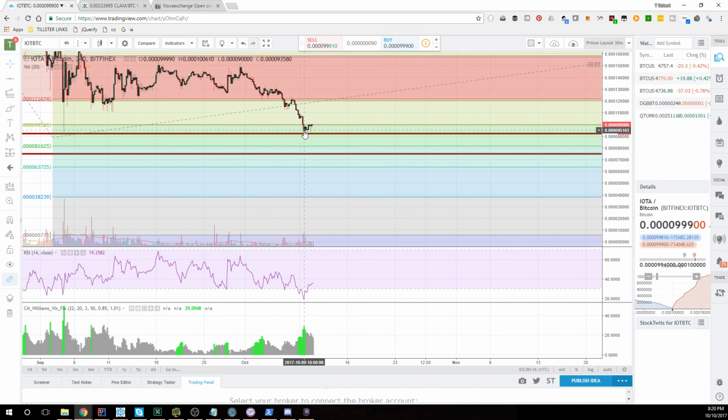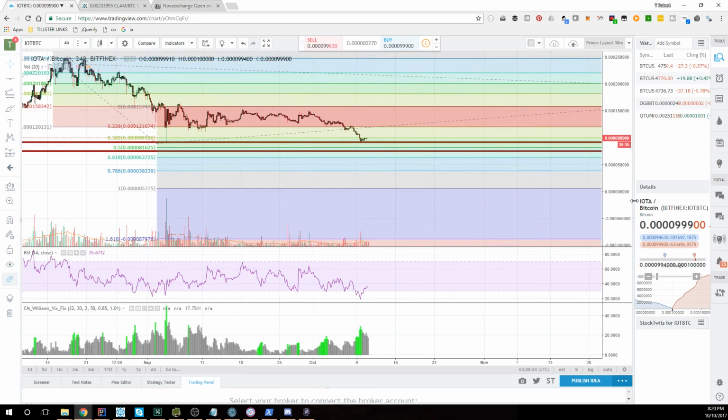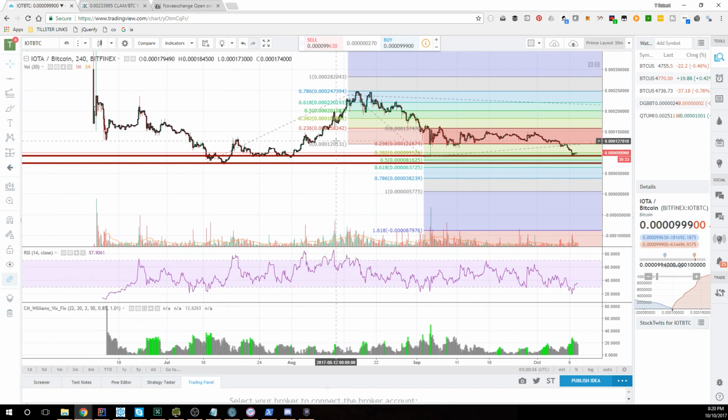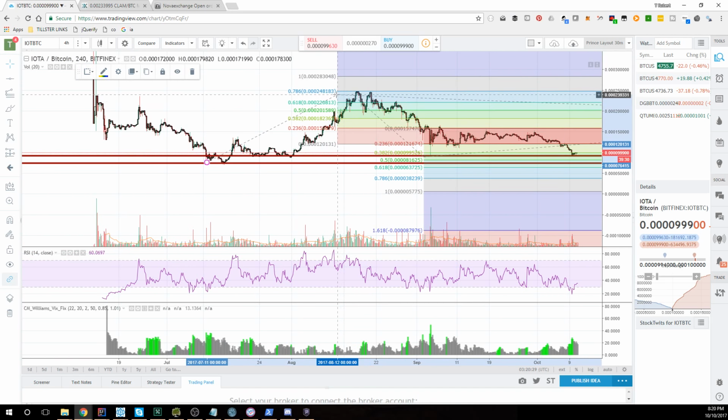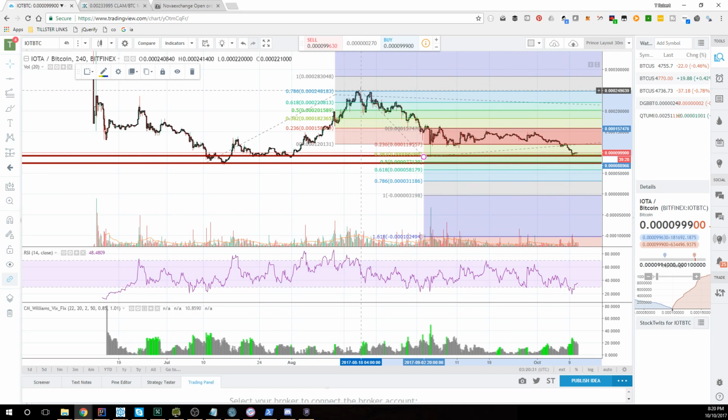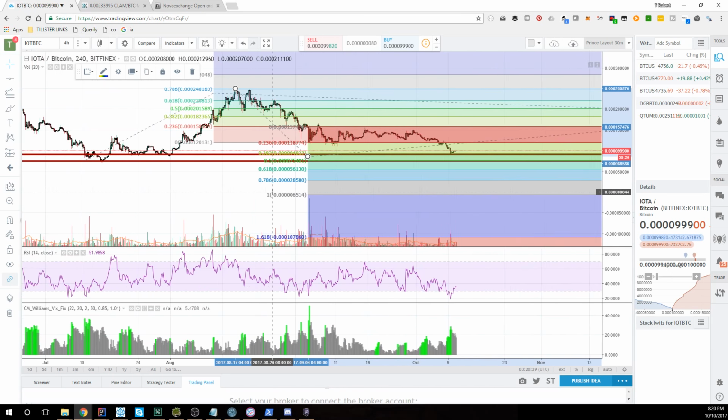See how it bounced off of this and came back up into here, into this? It didn't like that. Could these lines be a little bit off with regards to where the other traders are drawing them? Certainly. Oh, there we go. Right into position, isn't it? Right into position. That's better, isn't it?